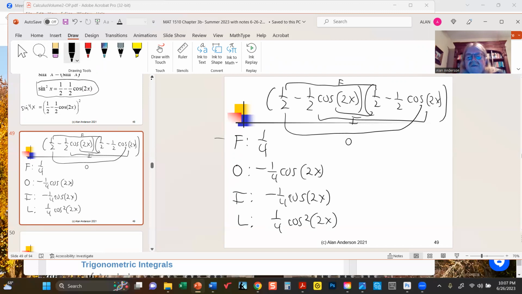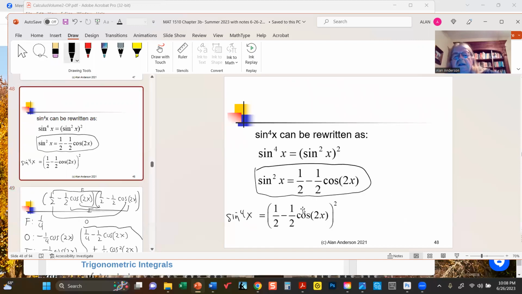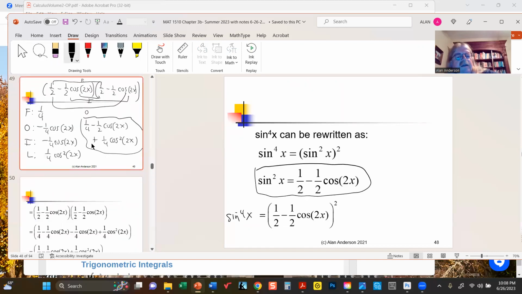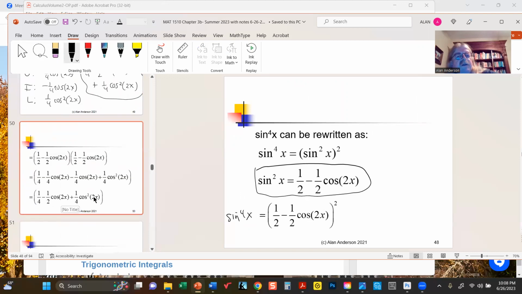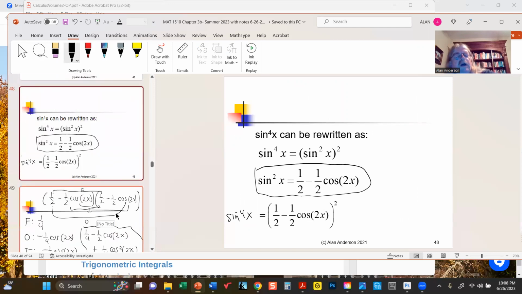All right, so what do we have? 1/2. Now, when we subtract a quarter and a quarter, we will have a half. So once again, this expression that we just expanded is what we mean by the sine to the fourth power of x.